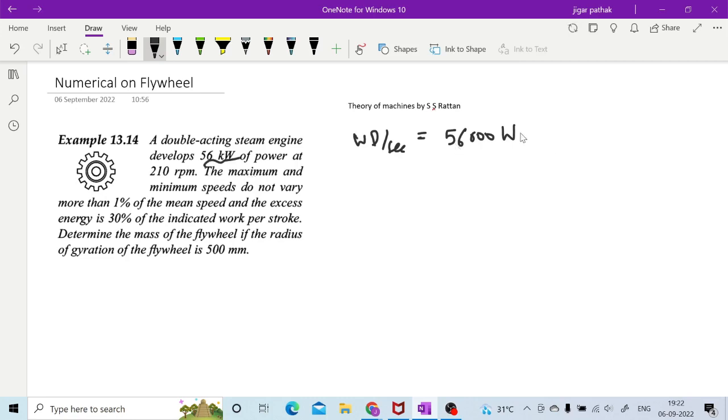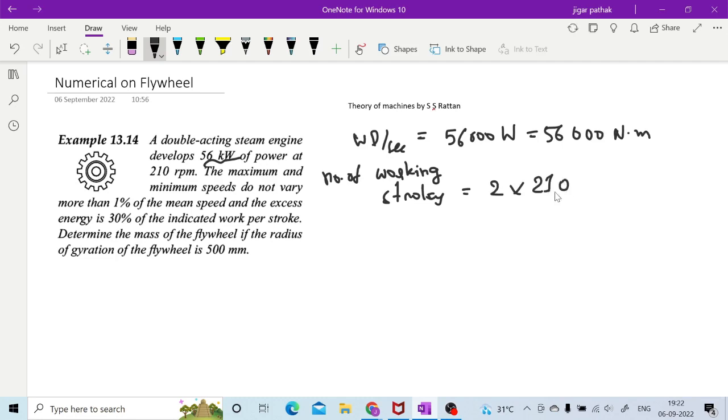So this you can also write as 56,000 Newton meter per second. And the number of working strokes will be equal to 2 into 210, because it is double acting.